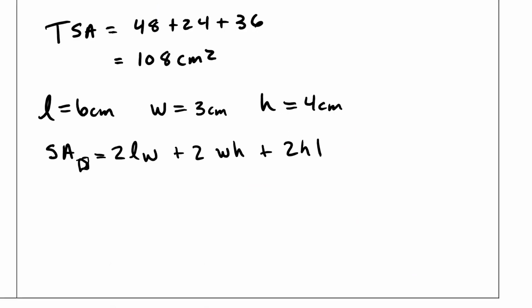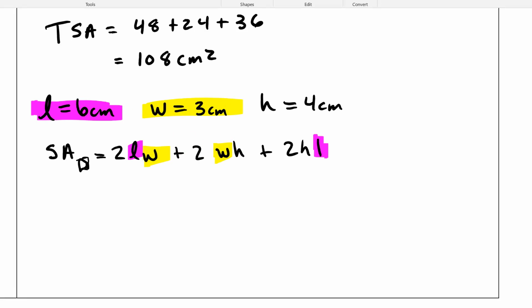Except this time, every single time I see a length, I'm going to put 6. Every time that I see a width, I'm going to put 3. Every single time I see a height, I'm going to put 4.